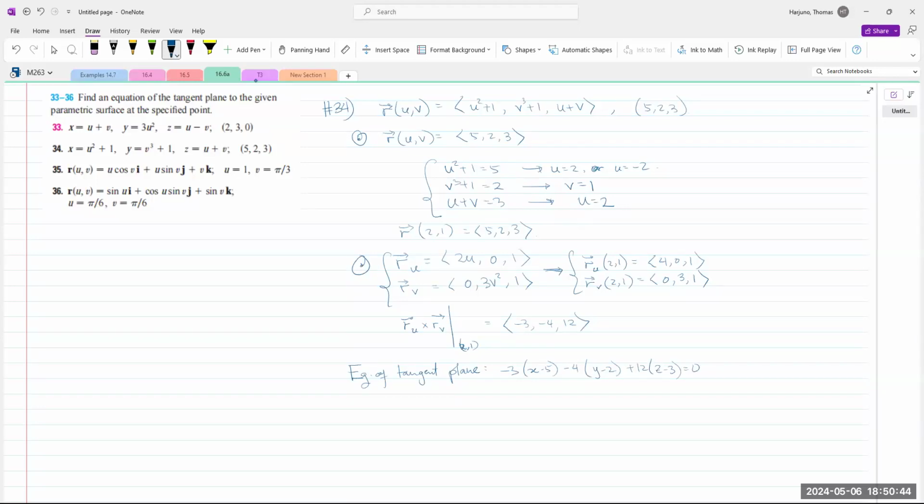I think I can, no, I cannot reduce it anyway. So this will be -3x plus 15 minus 4y plus 8 plus 12z minus 36 equals 0. -3x, -4y plus 12z, that's 15 plus 8 minus 36, that's minus 13.